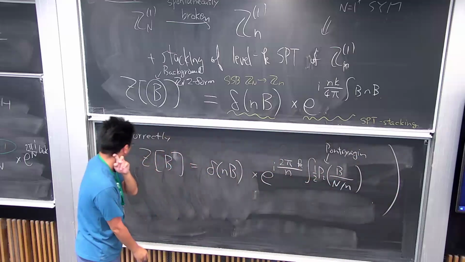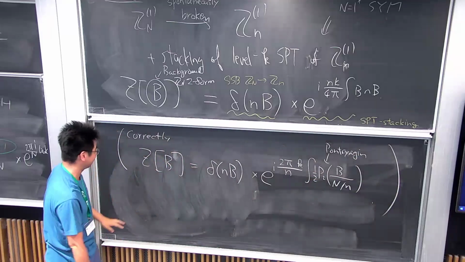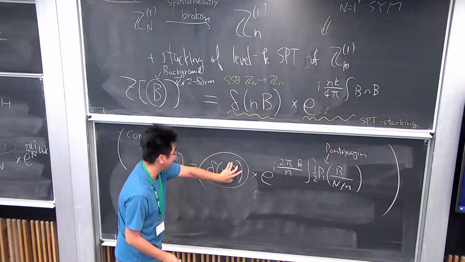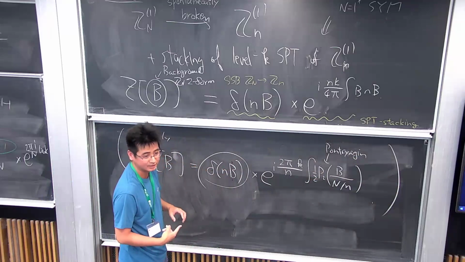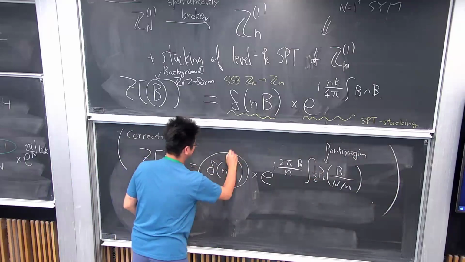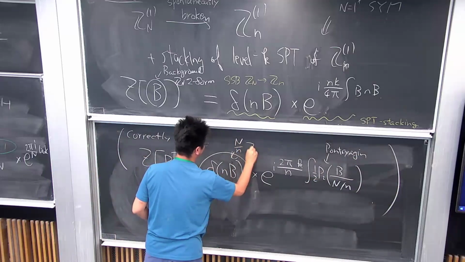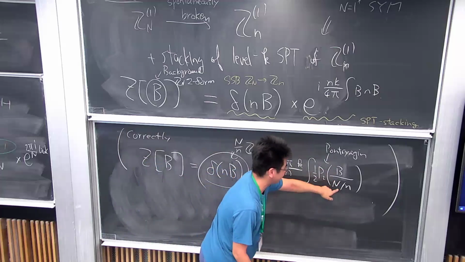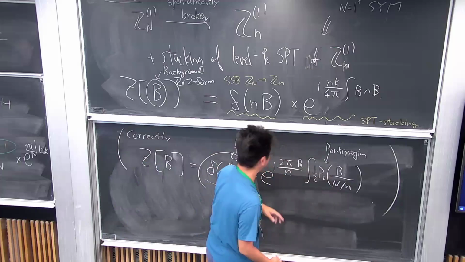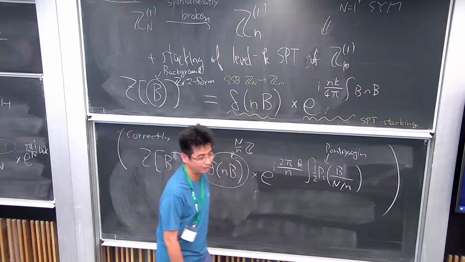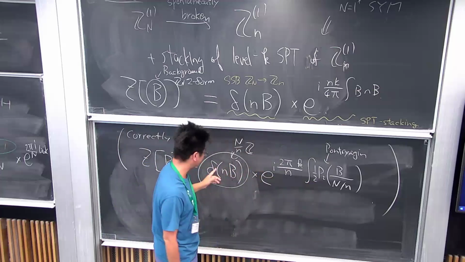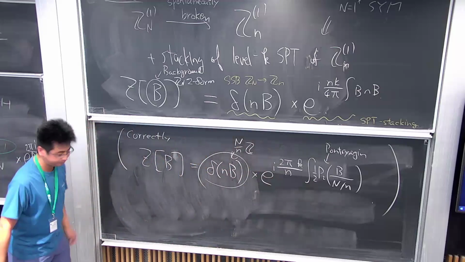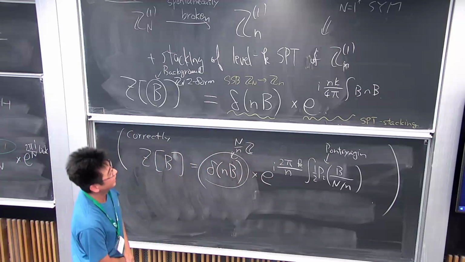I think this is more correct notation in cochain expression, and it basically says that because of this delta functional constraint, this capital B, originally modulo capital N integer, is now taking values in N over small n times an integer. By dividing by that factor, B represents the background gauge field of the small n one-form symmetry, paired with the SPT. That is the more correct way to express it. It's just a shorthand continuum notation.